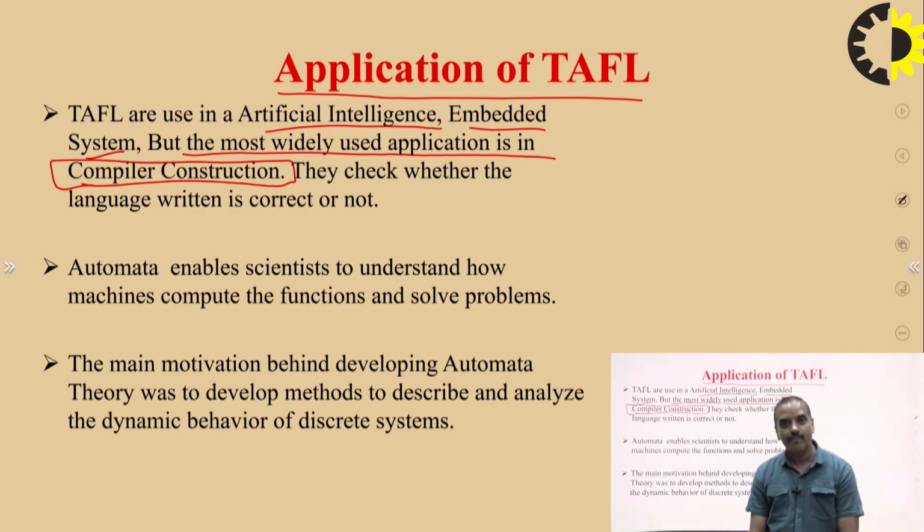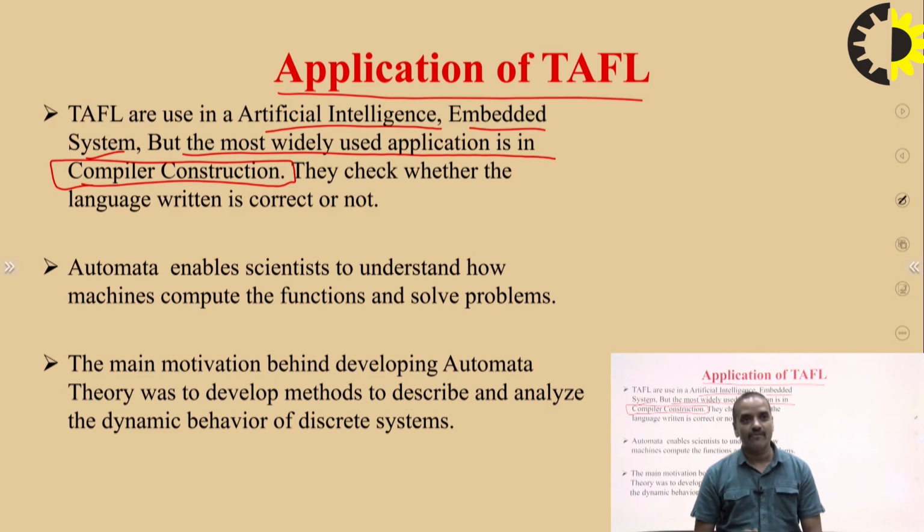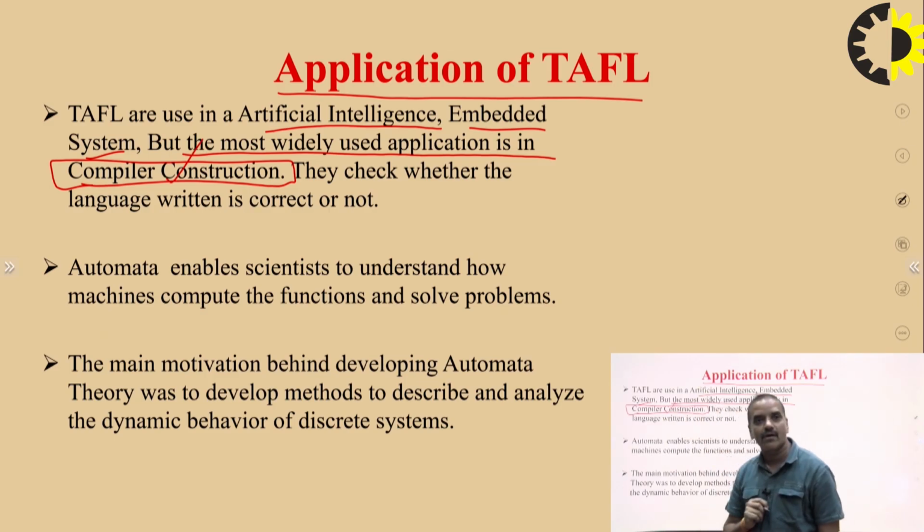A compiler is a program which converts one form of language into another form. In designing a compiler, we use automata to check the error of a given string, that is, whether the string is in the correct format and whether its syntax is correct or not.